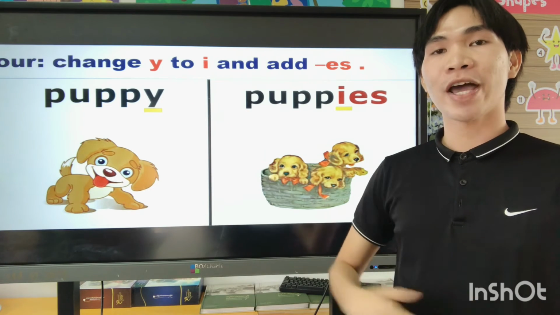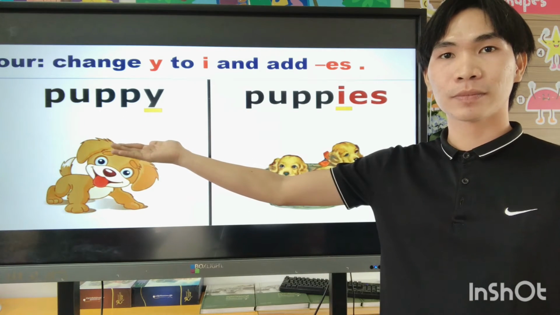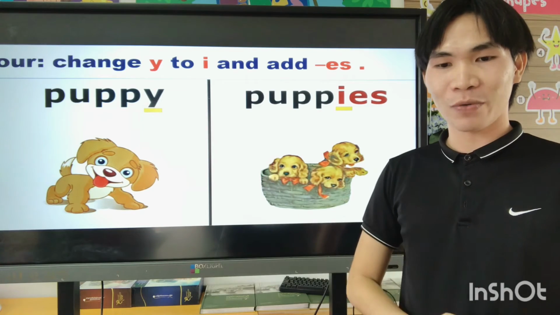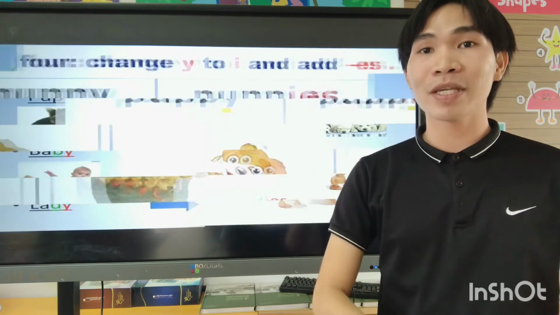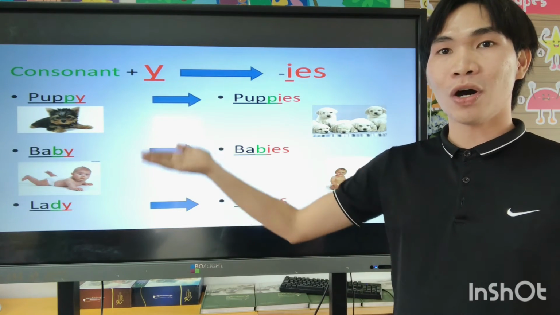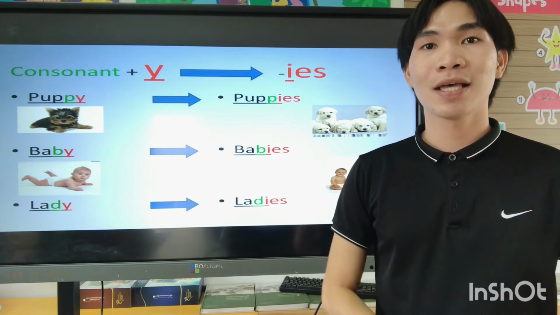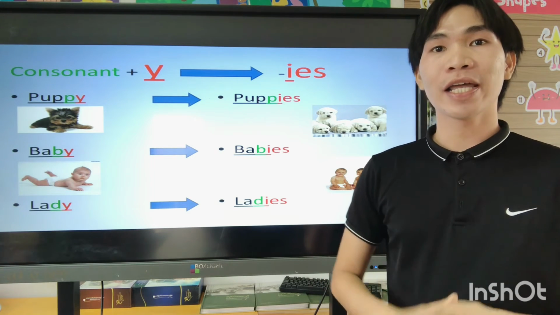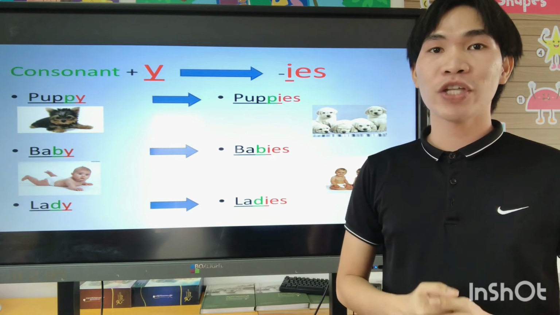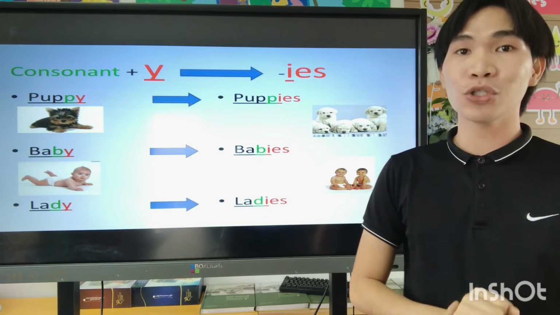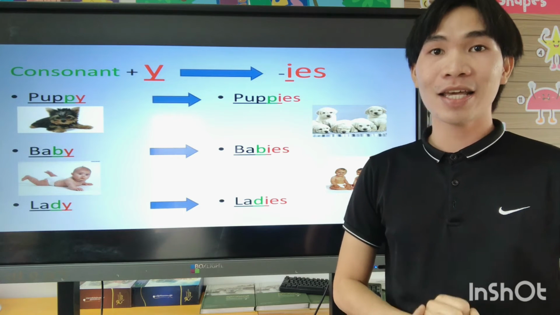Okay, I want you to pronounce puppy. Puppies. Okay, very good. Now let's proceed to some examples. Here, all of these words have Y. Therefore, if we will change them into plural form, we just need to change Y to I and add ES.